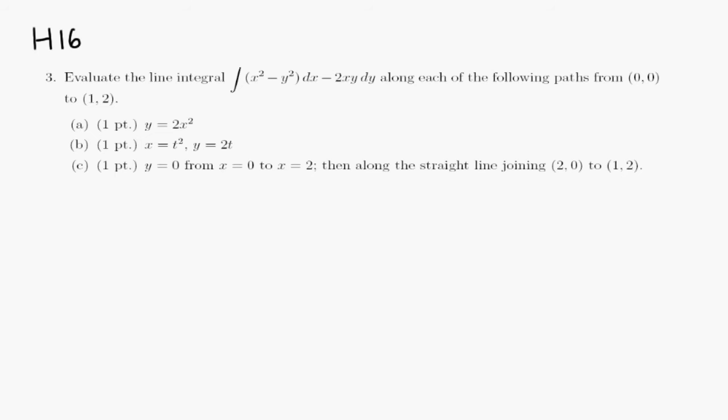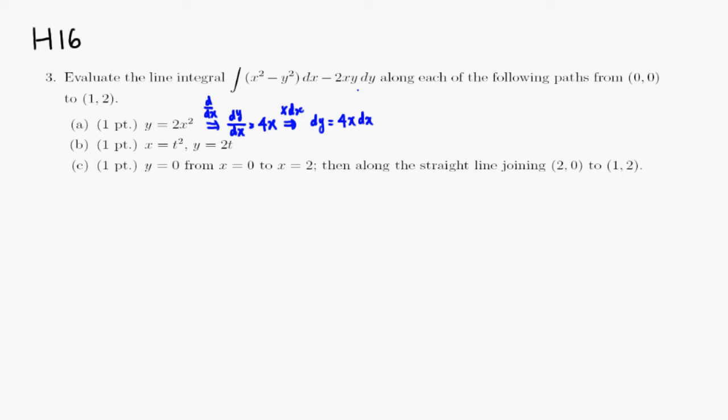We have to come up with the differential, so I'm going to take the derivative with respect to x, so that dy over dx is equal to 4x. If you multiply both sides by dx, we can write dy as 4x times dx.